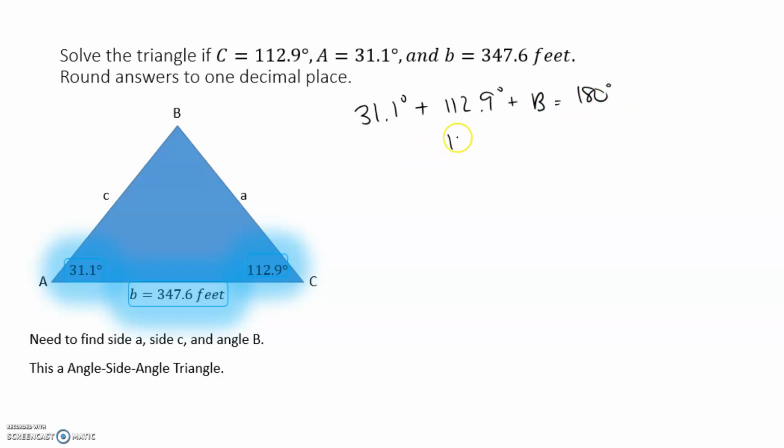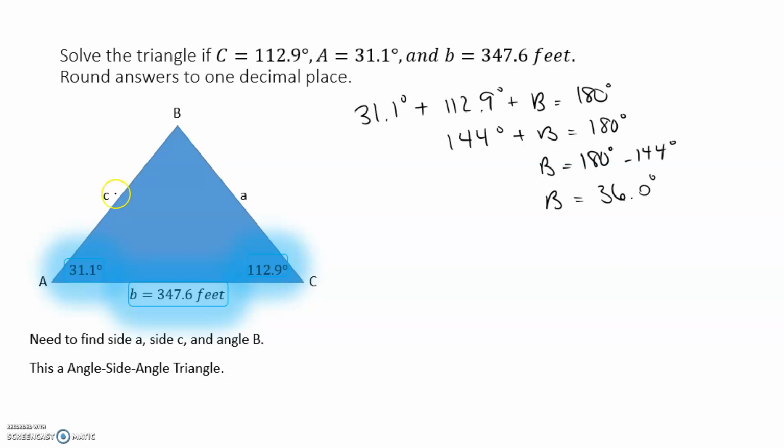So that would be 144 plus B is equal to 180. So B is 180 minus 144, or 36 degrees.